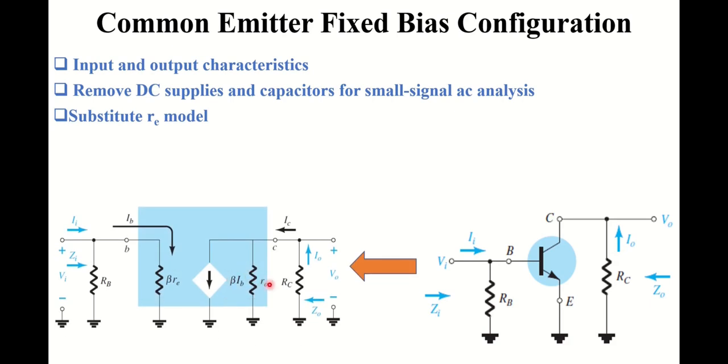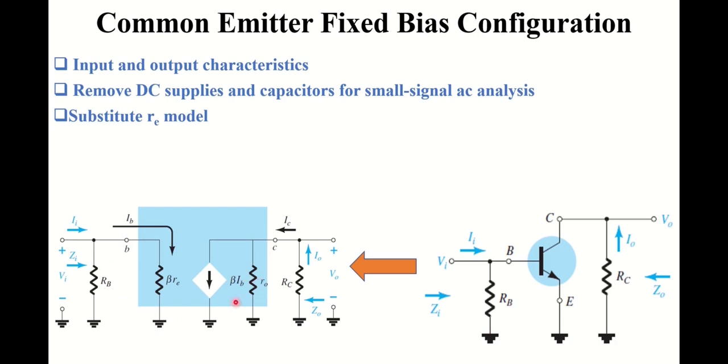As you can see, we have clearly replaced the transistor, the BJT, with its equivalent re model. This blue box is showing the equivalent of a transistor, in which we have connected three electronic elements, including the beta re resistor at the input side, and the controlled current source in parallel to the resistor ro at the output terminal of the transistor.